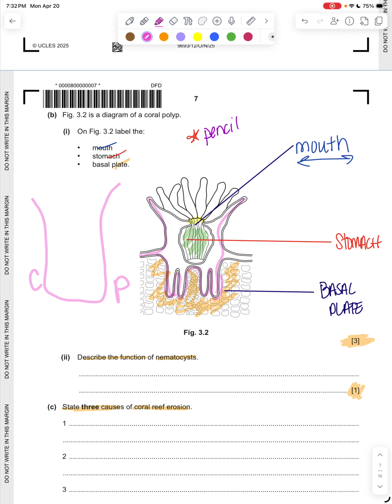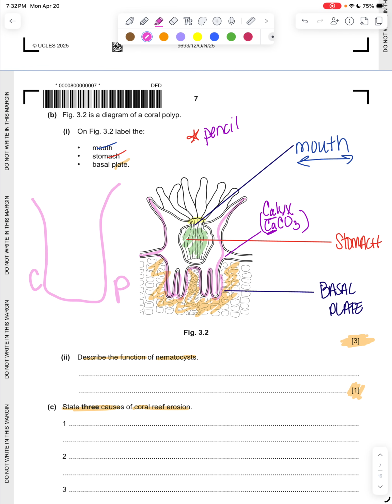It is a cup-like structure. It's a stony cup, and by stony, it's made of calcium carbonate. That's what it's made of, but what is it called? It's called a calyx. Keep your CAs together. CaCO3, calcium carbonate, calyx. Is your stony cup, and it's what the coral polyp sits in.